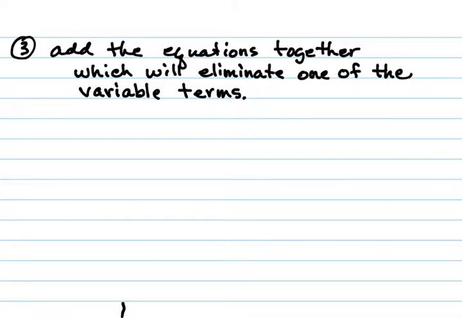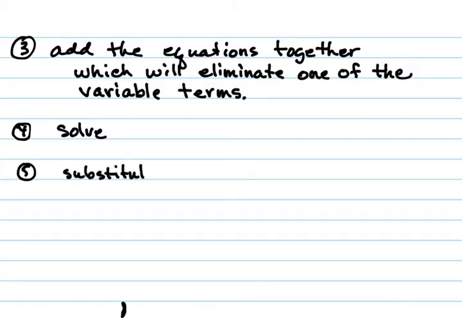If you no longer have two equations but just one, then you can solve it. Because we'll have either eliminated the x's or the y's, so now we have an equation we can solve. And now we get right back to what we did last time.